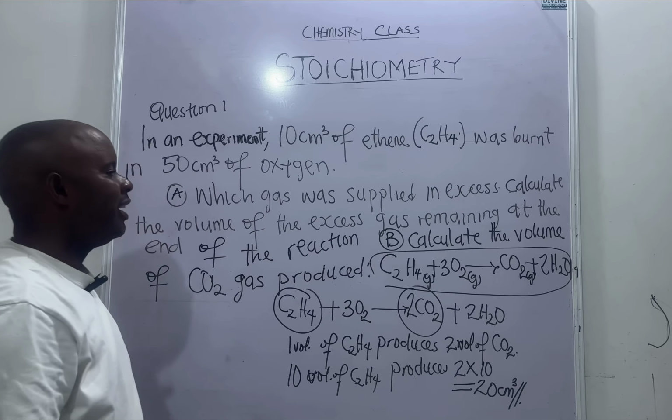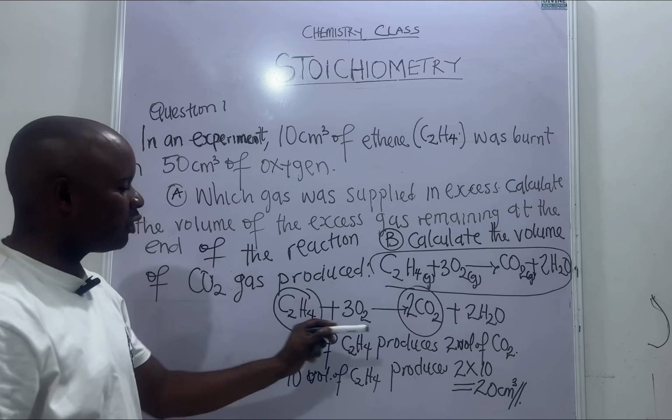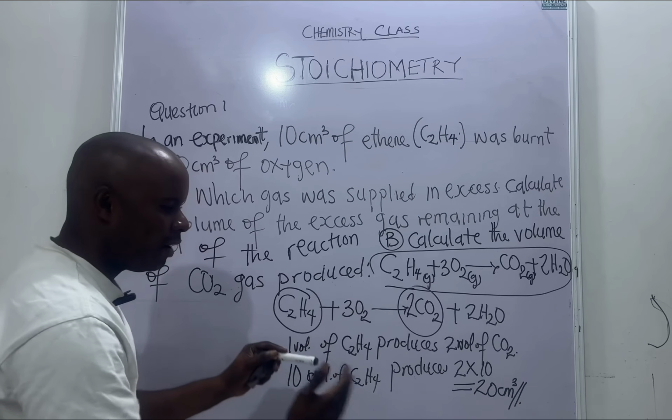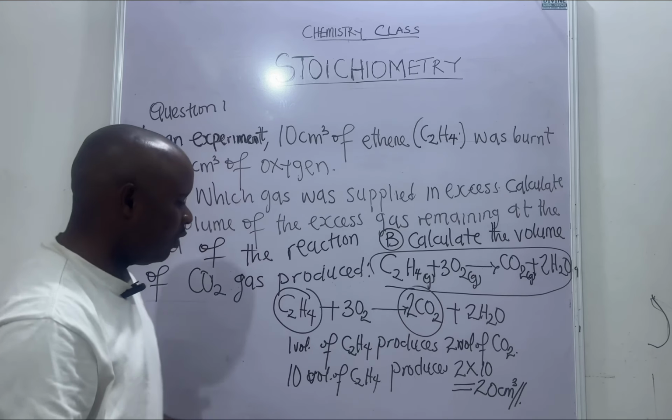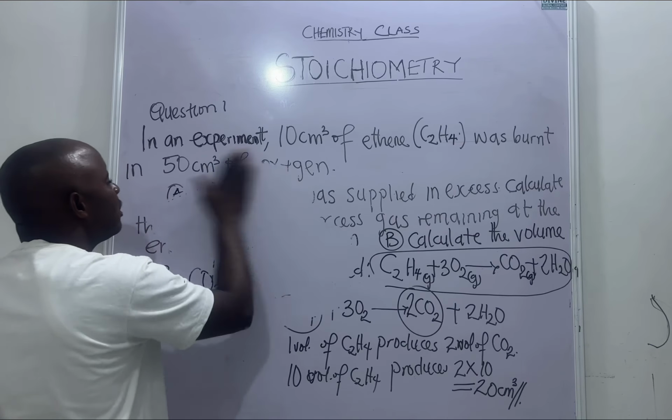You can see how structured this question is. With the help of a well-balanced chemical equation, we can make our interpretation very easy. So let's get a question on mass.